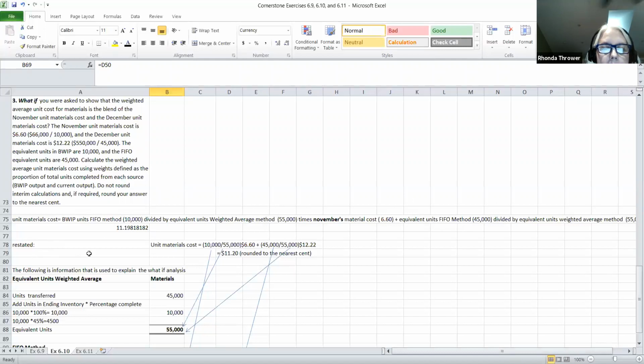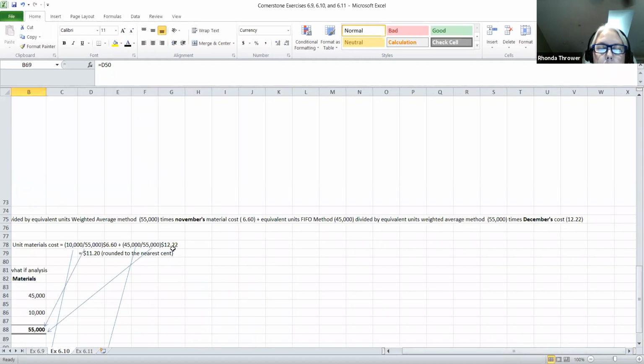Then I restated it just to try to simplify what I put up here so you'll know what was going on. And so to simplify this, what they simply did is they took 10,000 divided by 55,000 and multiplied it by $6.60. Then they're adding to that the 45,000 divided by 55,000 times the $12.22.